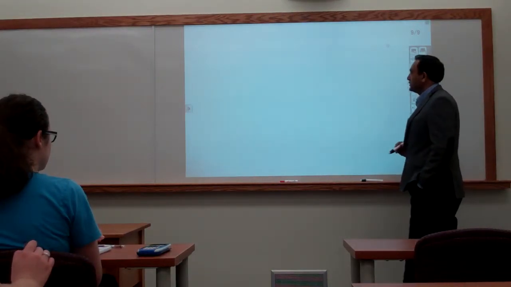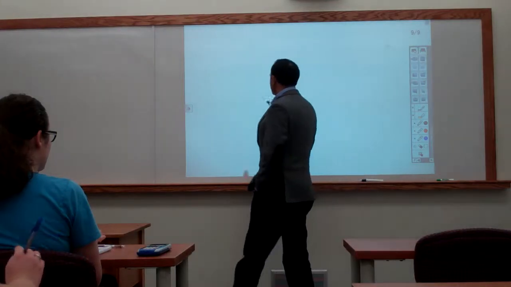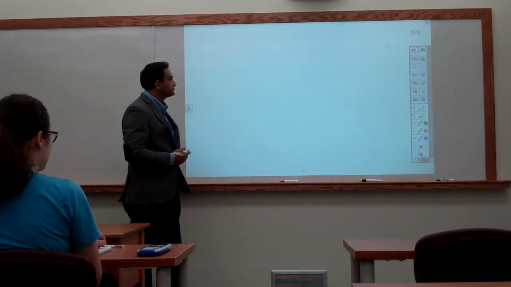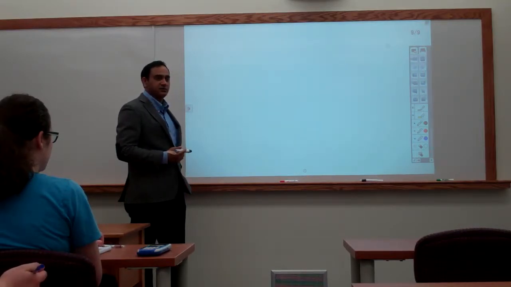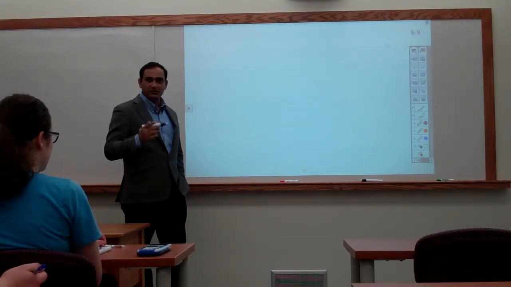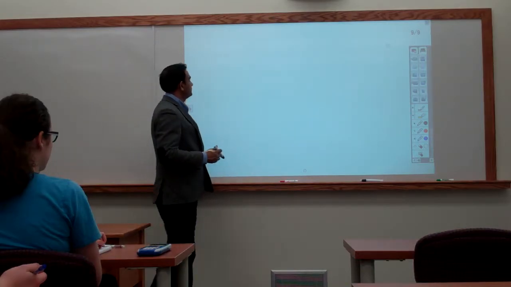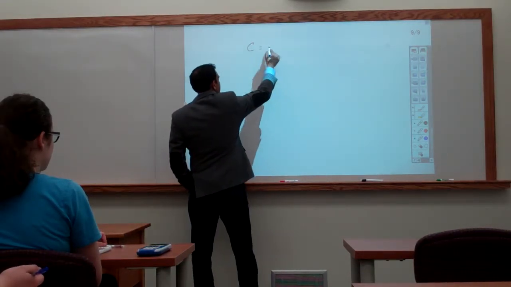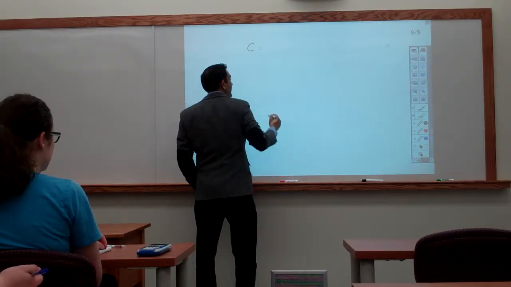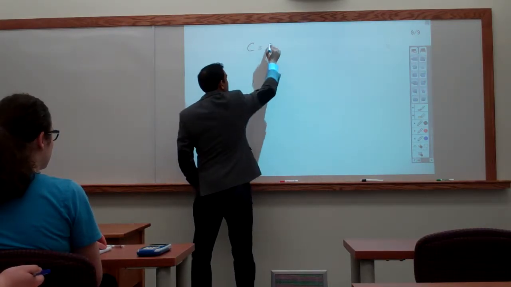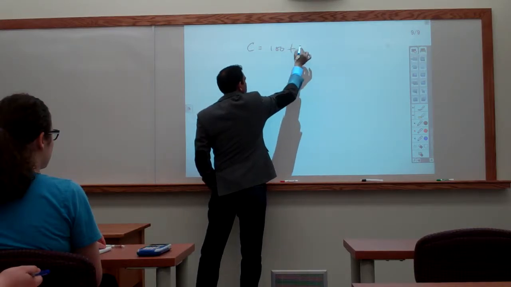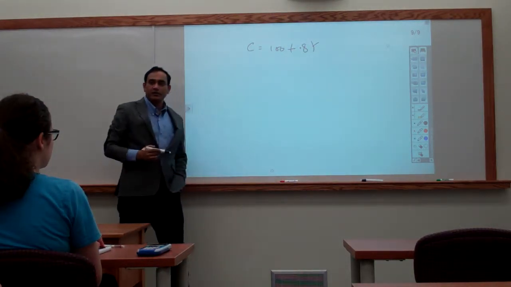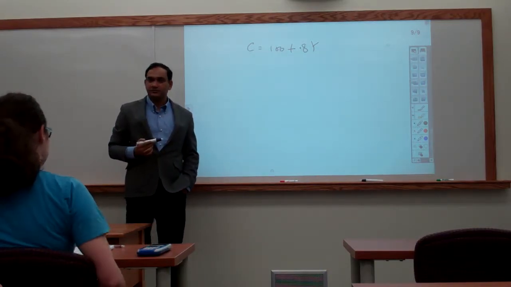So let's try to plot that information using the actual numbers, instead of just using A, 1 minus B, and so on. So let's just use simple numbers. We'll stick to that consumption function. A is 100, okay? And B is 0.8, and Y is your income. We are going to plot this.